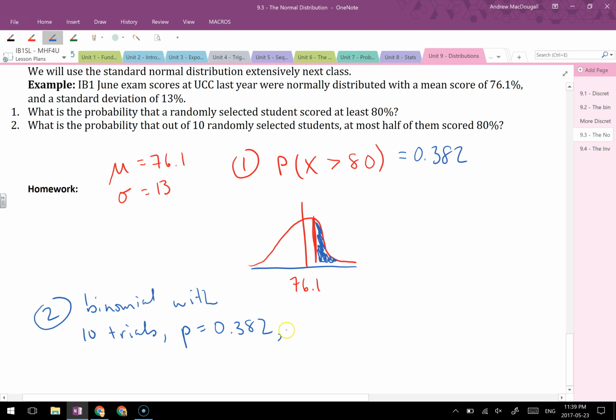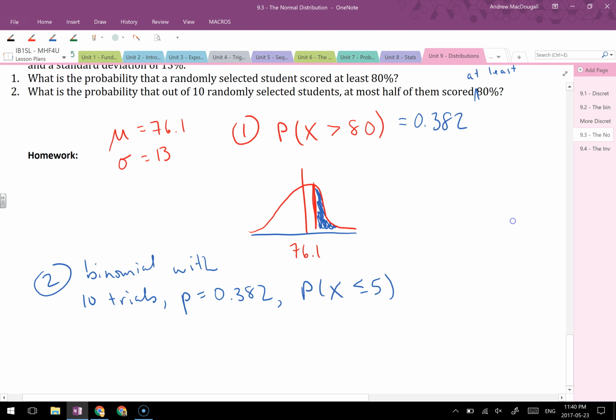And we are interested in the probability that X is at most half of them, so less than or equal to 5. Note that what they really wanted here is that at most half of them scored at least 80%, so the wording should have been a bit more clear.